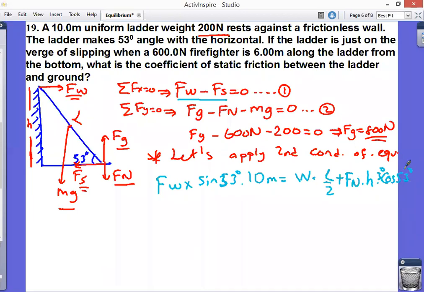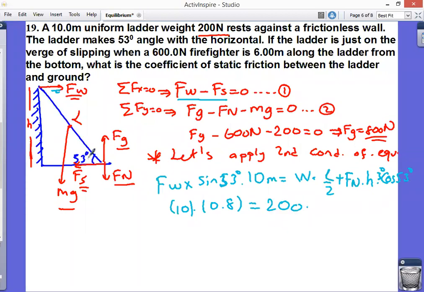When we apply the torque over here, the vertical one is going to be equal to the horizontal one, okay? So let's do it. 10 times 0.8, right? The sine 53 is 0.8, equal to our W, which is 200, times L over 2.